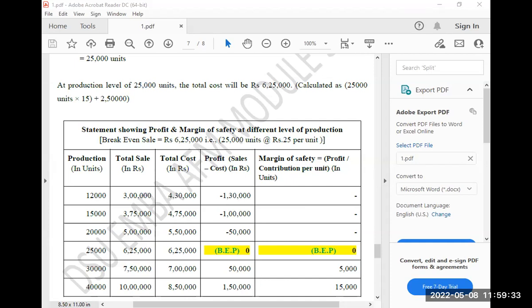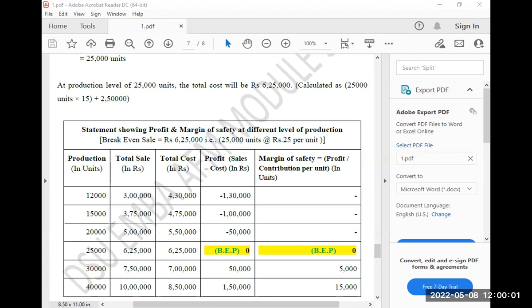What is 20? Selling price per unit. Variable cost is 15. And then fixed cost is 6,30,000. You are asked to calculate the sales value needed to earn a profit of 10% on sales.